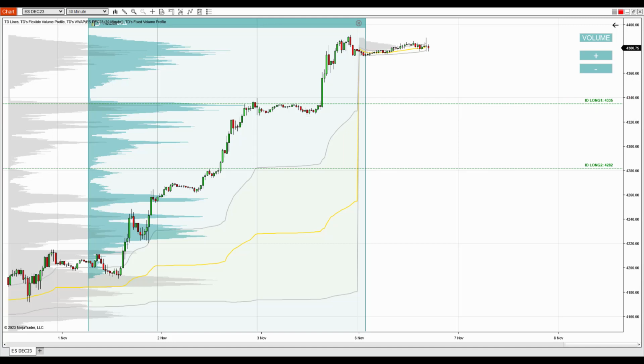Now let's have a look at the second one. The second one is a little bit more tricky. It is at 42.82, based on this volume cluster.